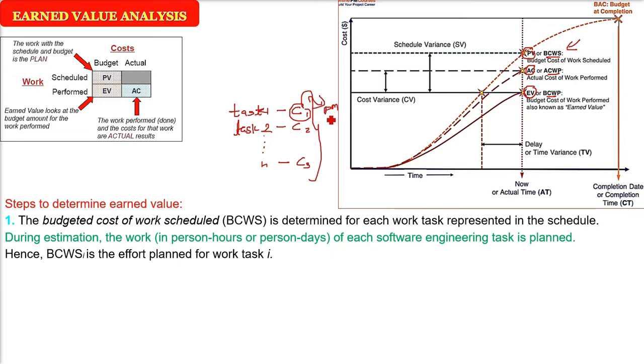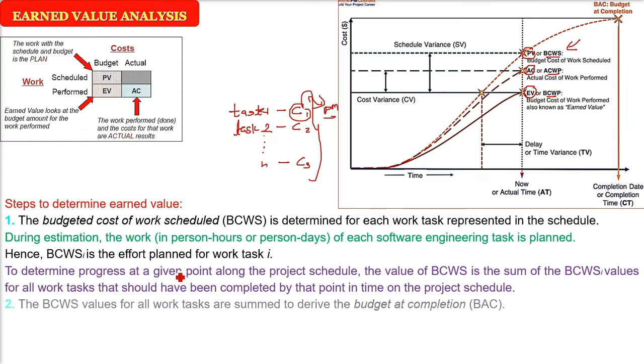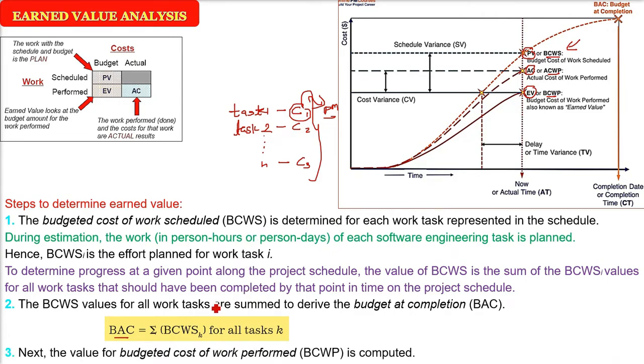Now this BCWS is the effort, person month, person days. Now for each task i, you have to find out BCWSi. Okay, so now you are going to combine all of this. So BCWS will give you the budget at completion, BAC, which is simply the addition of these BCWS. BCWS is budgeted cost of work scheduled. That is what you have anticipated, what you have planned.